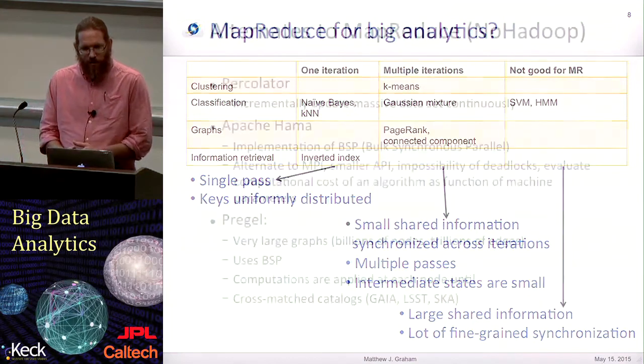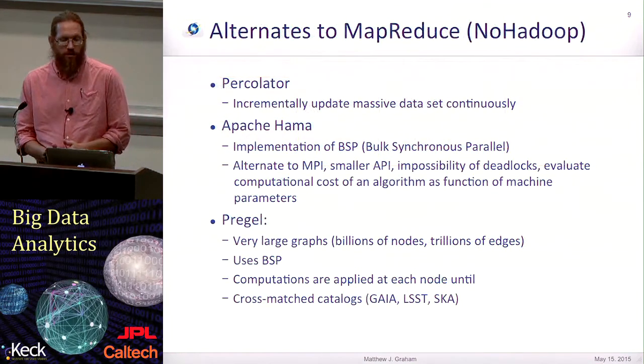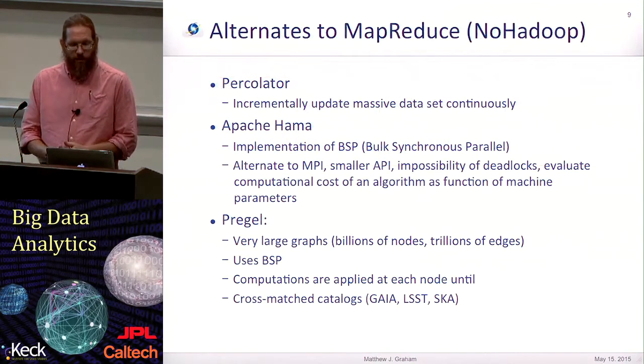Alternatives to MapReduce, the so-called NoHadoop school, sort of came around a few years ago because people were a little tired of MapReduce being said to be the solution for all big data problems.